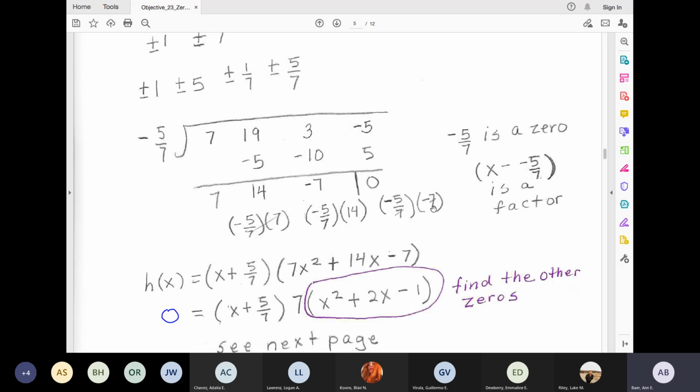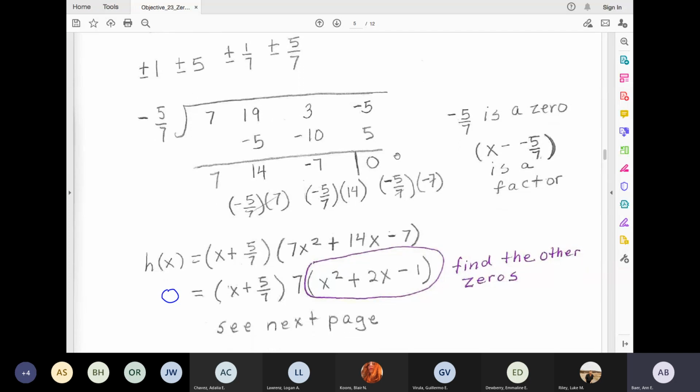These 7s cancel, and we get negative times negative, which is a positive, and we're just left with a 5. Add these straight down, we get the number 0. So we have confirmed that that is correct, not only by the graphing calculator, but by doing our synthetic division.